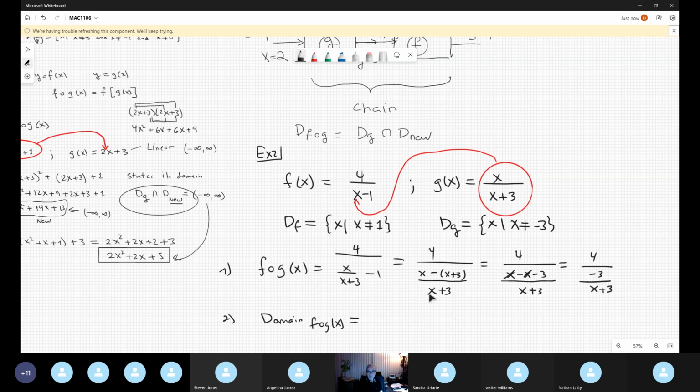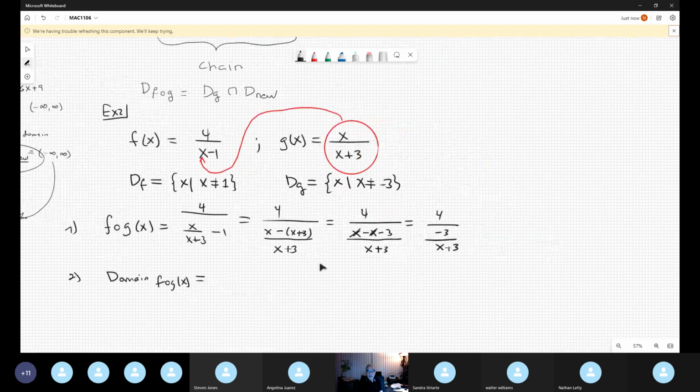Okay, good. Now don't leave it like that. You copy 4 over 1, it's the top part, a whole number, that is the reason I put 1. Yeah, flip it: x plus 3 over negative 3. The conclusion is negative 4/3 times x plus 3.